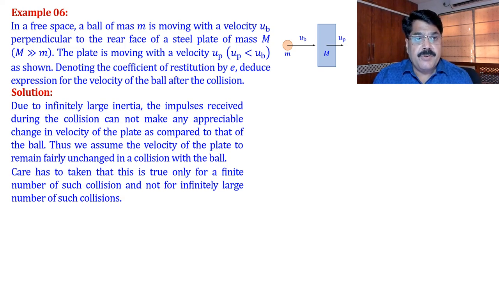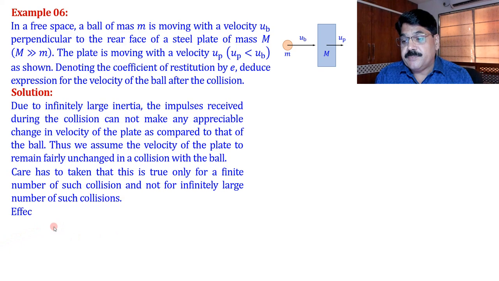But if the collisions are repeated an infinitely large number of times, this vanishingly small change in velocity accumulates, and after infinitely many collisions it becomes a finite change in velocity. So this applies to a single collision, but not to an infinitely large number of collisions.